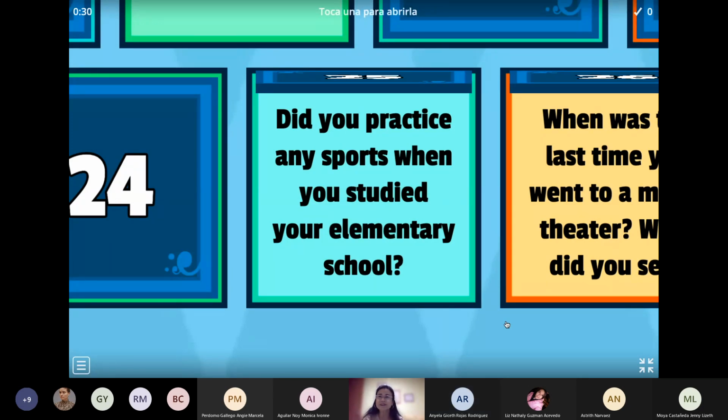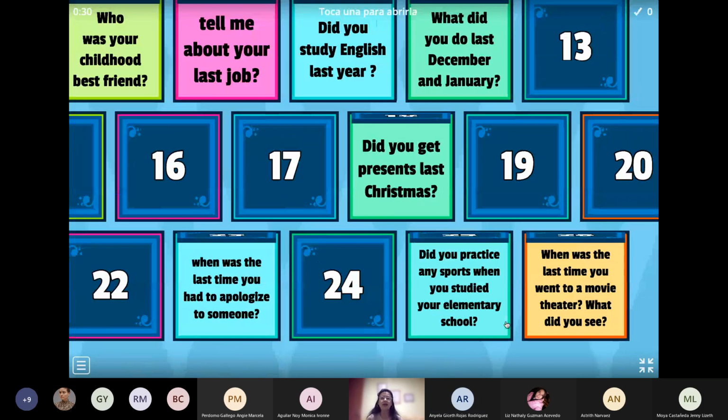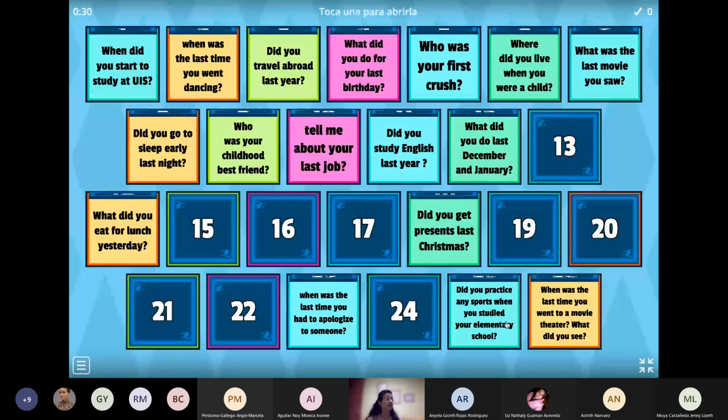Si su respuesta es que no practicó ningún deporte cuando estabas en tu colegio, dices, no, I didn't. Si tu respuesta es sí, dices, yes, I did. So, what is the answer, Angela? No, teacher. No, I didn't. Very good. Okay, another student that wants to participate.